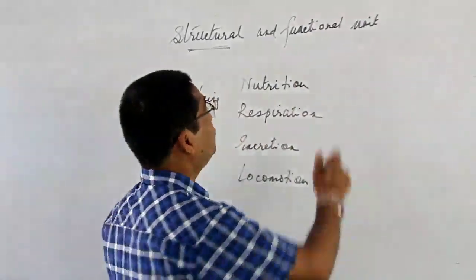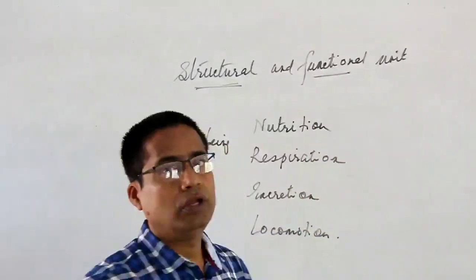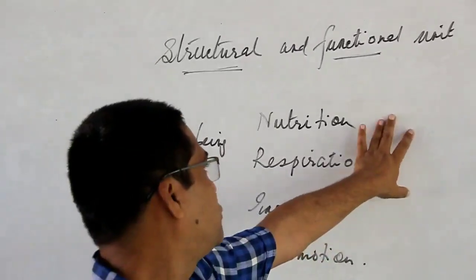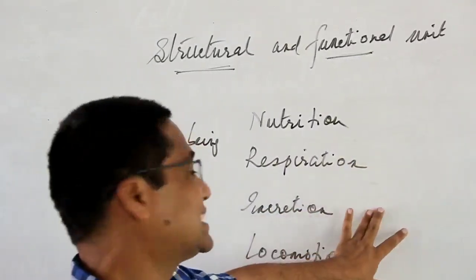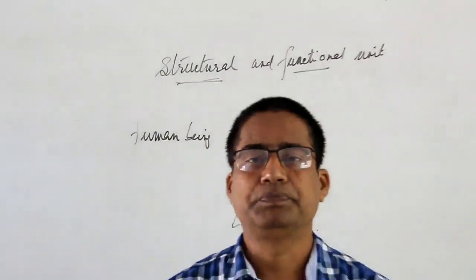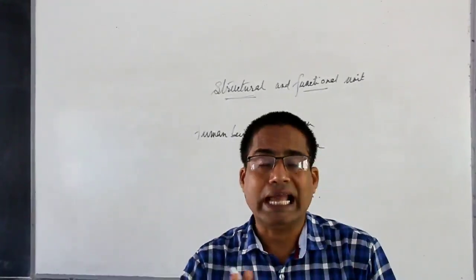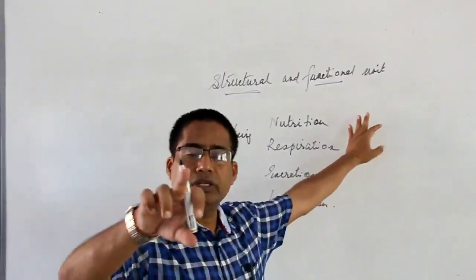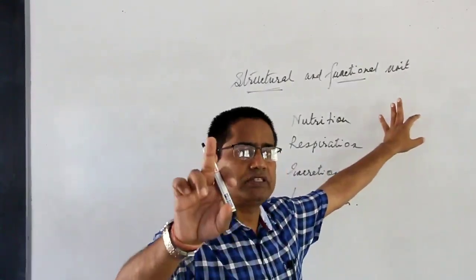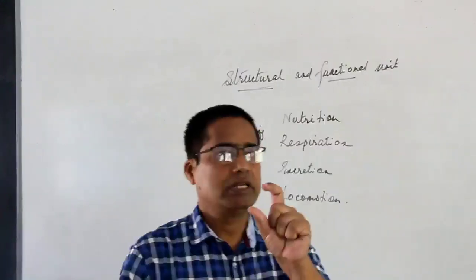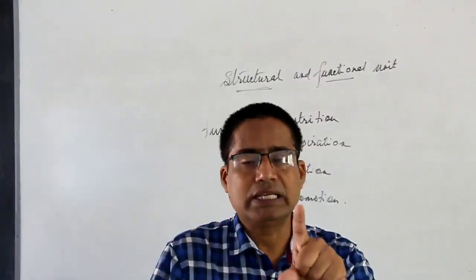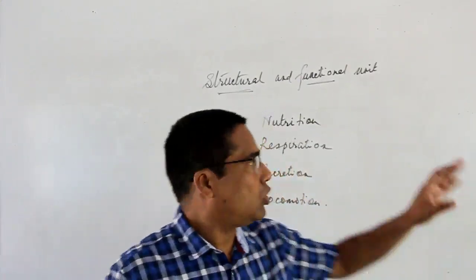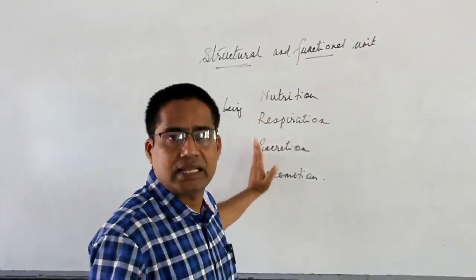Next come to the functional unit. We are talking about the different activities of a living organism: nutrition, respiration, excretion, locomotion, even reproduction also. These are the very important activities lives carry out. Now again we go to the examples of amoeba and a human being. Amoeba is a living organism. Though it may be made up of only one cell, it's a living organism. Now I said a living organism should carry out all these vital life processes.